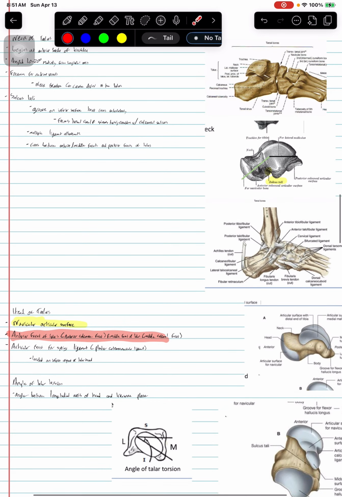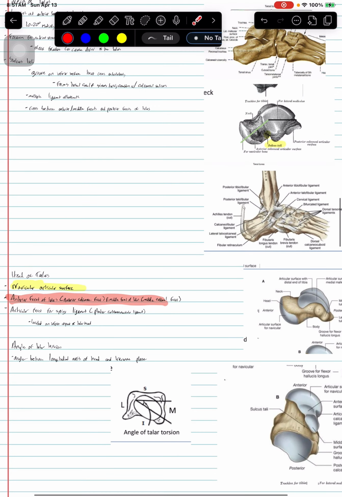And you also have your angle of talar torsion, which is the angle between the longitudinal axis of the head and the transverse plane. So you can see that here. This is your angle of talar torsion. This is the lateral side. This is the medial side.